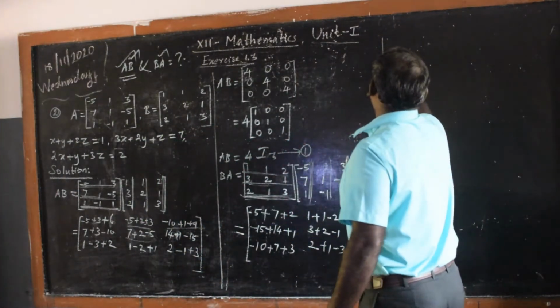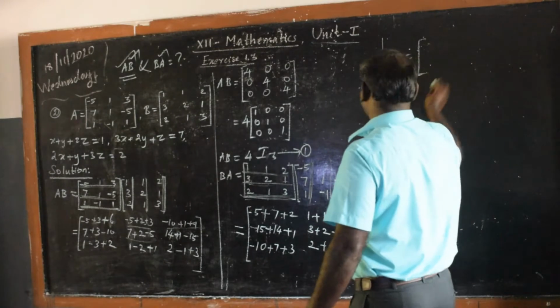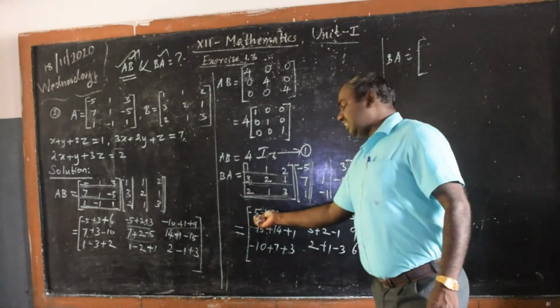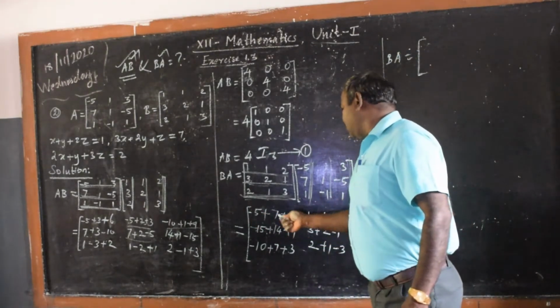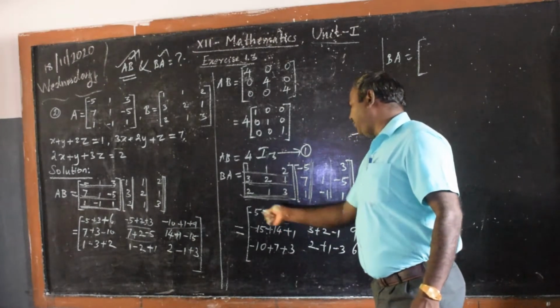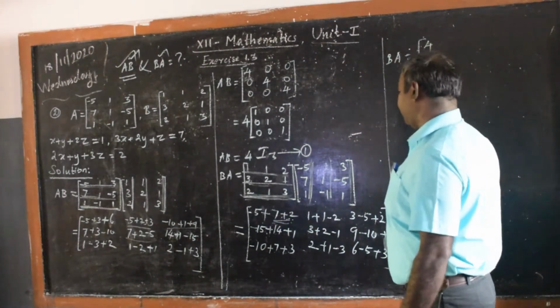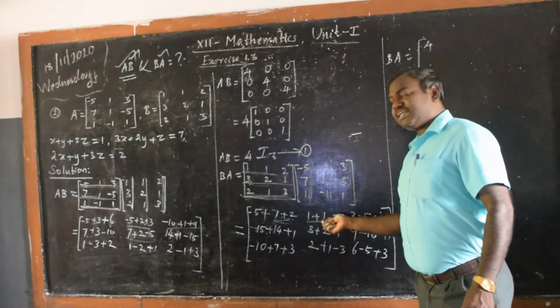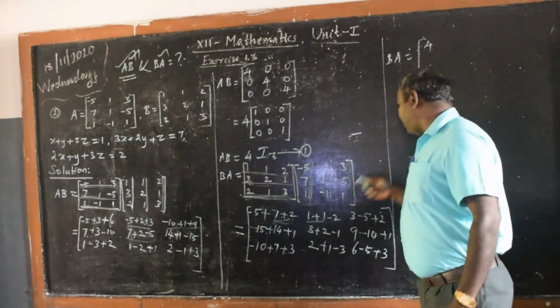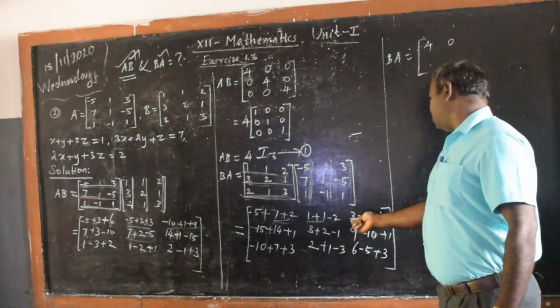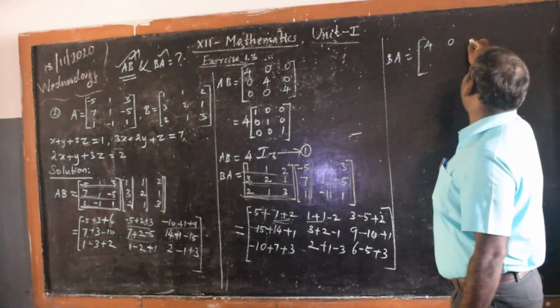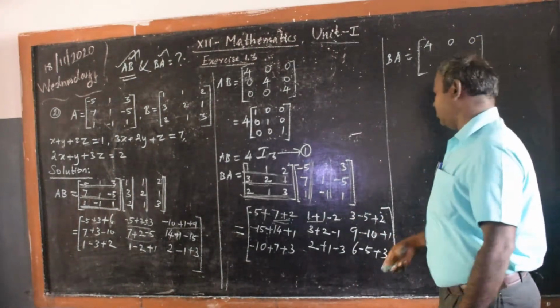So BA equals B into A equals: minus 5 plus 7 plus 2, 9, so 9 minus 5 is 4. 1 plus 1 is 2, minus 2 is 0. 3 plus 2 is 5, 5 minus 5 is 0.